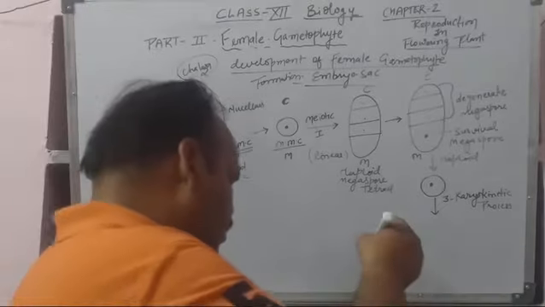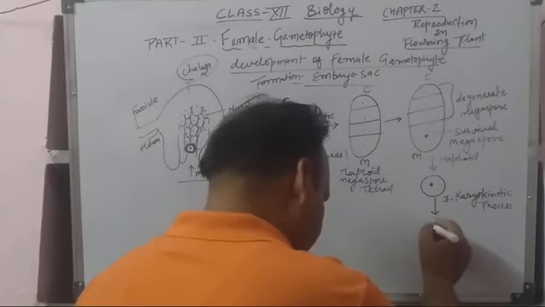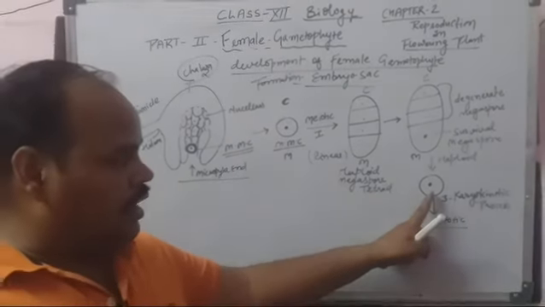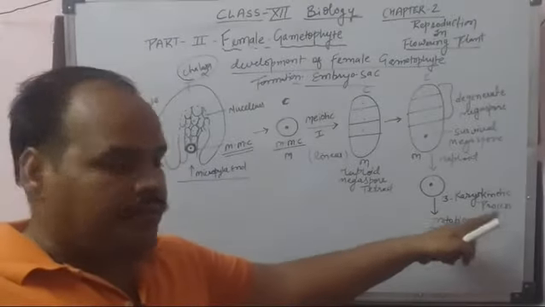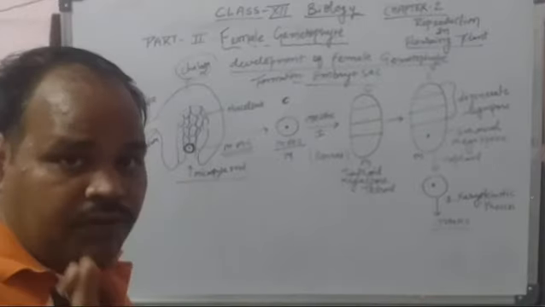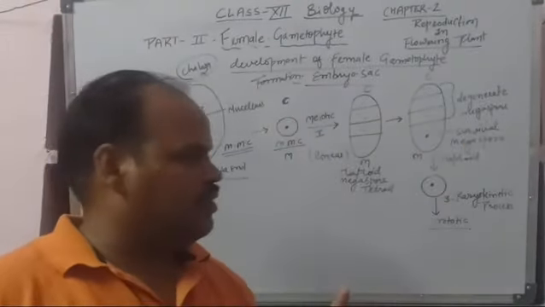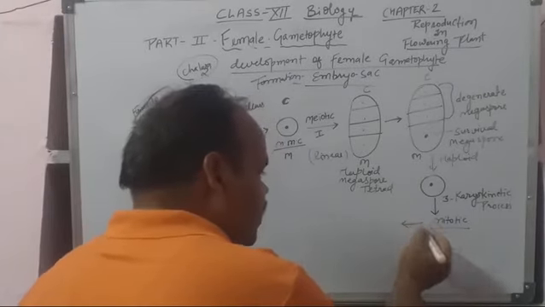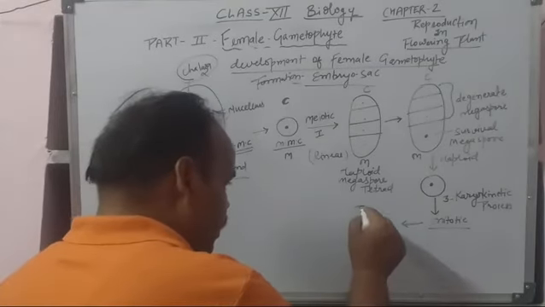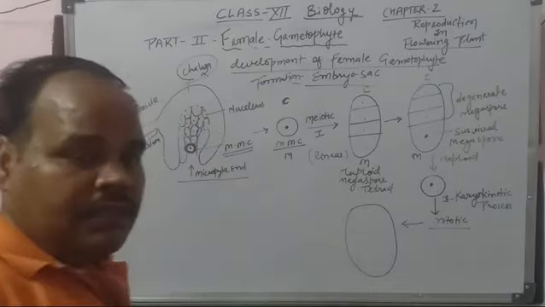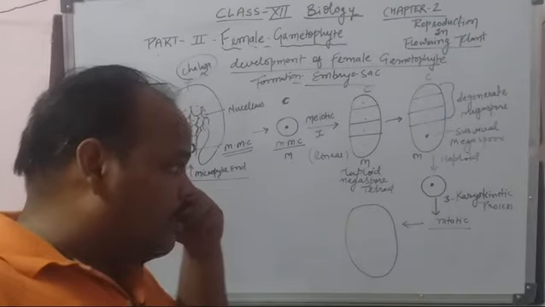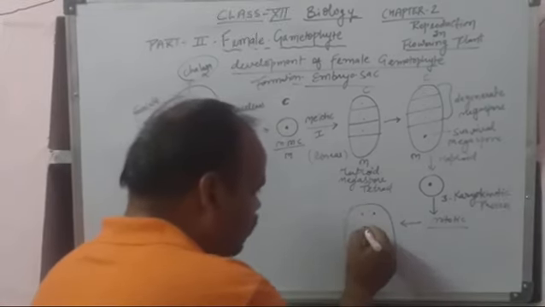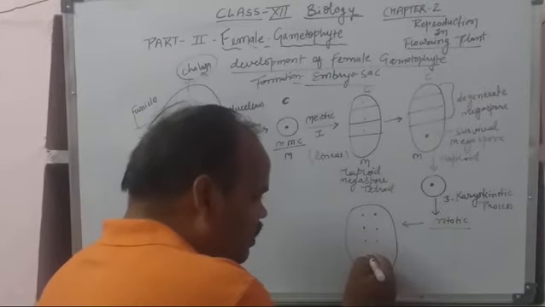Karyokinetic means mitotic division performed in the nucleus only, not in the cell. After the karyokinetic process, one nucleus is divided three times, forming first, second, third, fourth, fifth, sixth, seventh, eighth.